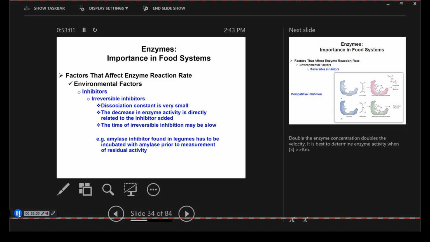If you put the extract with your enzyme and substrate right away, you won't necessarily see an impact on the enzyme activity. You have to let it react, so you have to put the extract with the enzyme before adding the substrate for a little while so that they take time to interact. And then you add your substrate and you measure the activity to determine whether or not there is in fact alpha amylase inhibitor in the legumes.